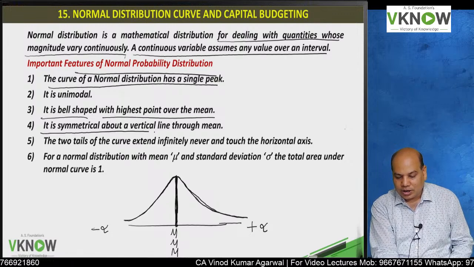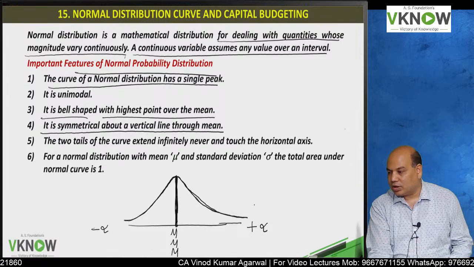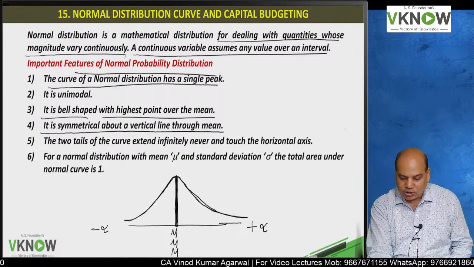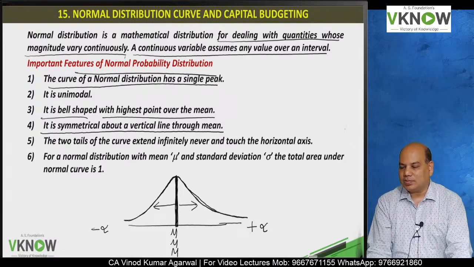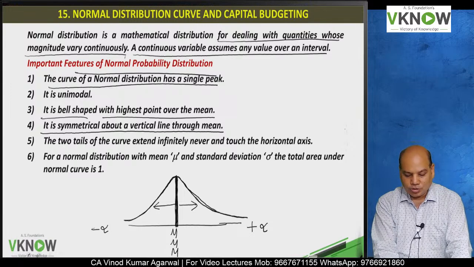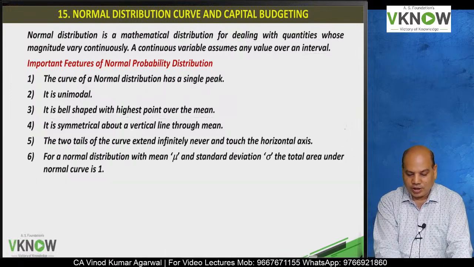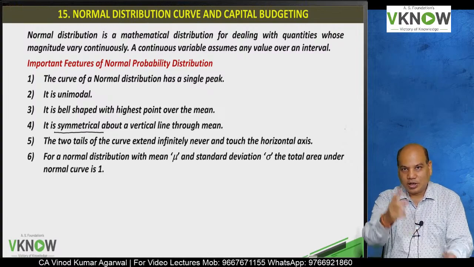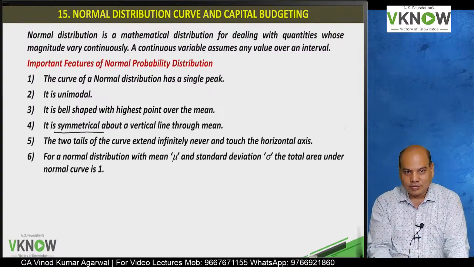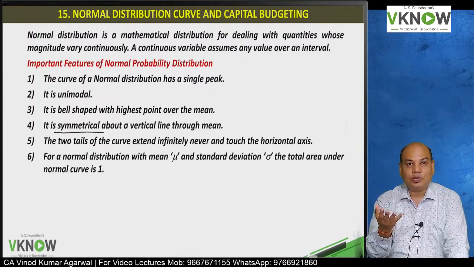It is symmetrical about a vertical line through the mean. Symmetrical means the left side and the right side are exactly identical. Most human beings are also symmetrical. Today you see yourself in the mirror and draw a line from the center, you will be amazed.